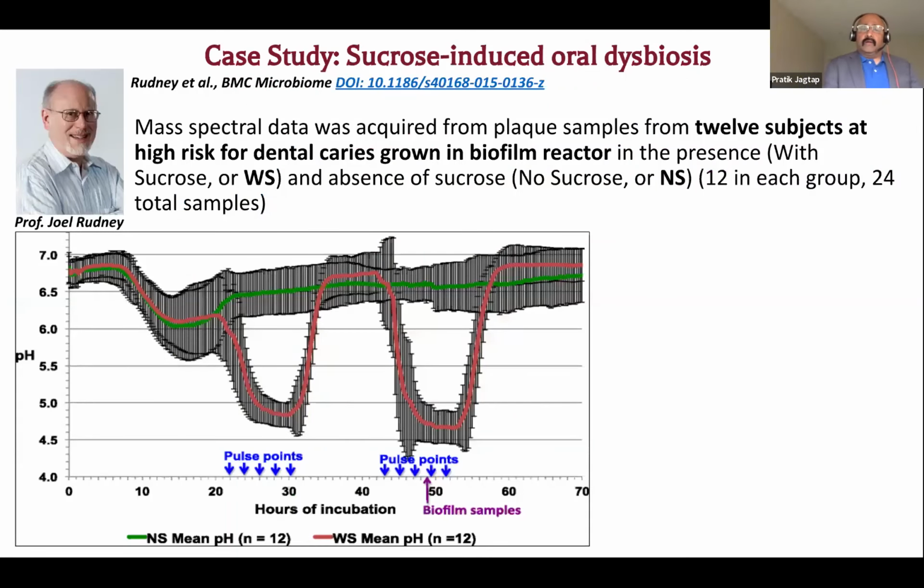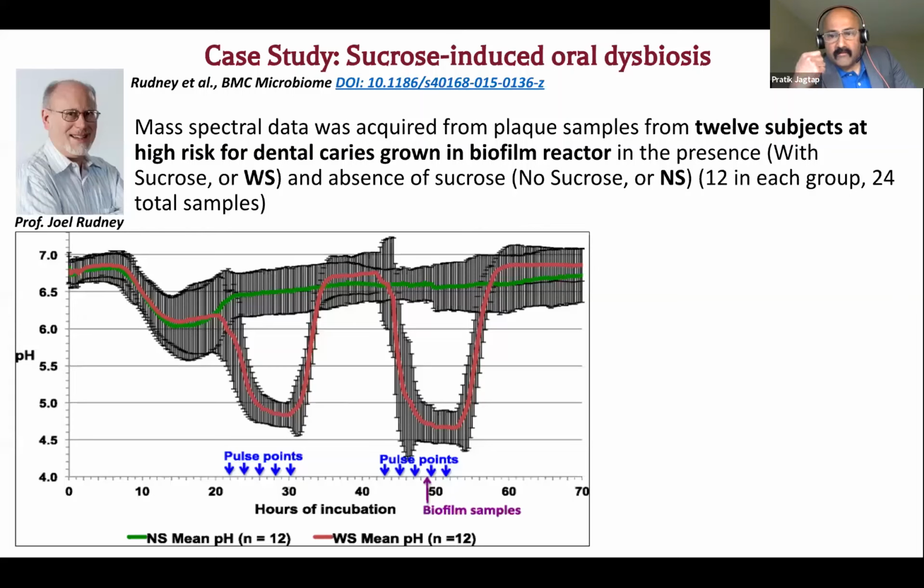Looking at the case study I mentioned earlier, sucrose-induced oral dysbiosis, this data set came from Professor Joel Rudney's lab. Mass spectral data was acquired from plaque samples from 12 children who had dental caries.